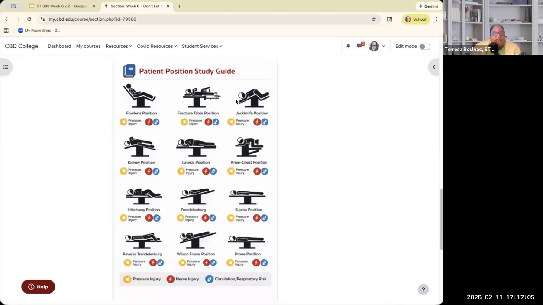And as you can see, in every single one of these positions, there is a potential for pressure, nerve, or even circulatory and respiratory risks, especially when we get into, let's say, the Wilson spine frame or even the knee chest, the fracture table. Think about that one. Okay. Jackknife, Trendelenburg, or even reverse Trendelenburg. Each comes with different potential problems. Okay.